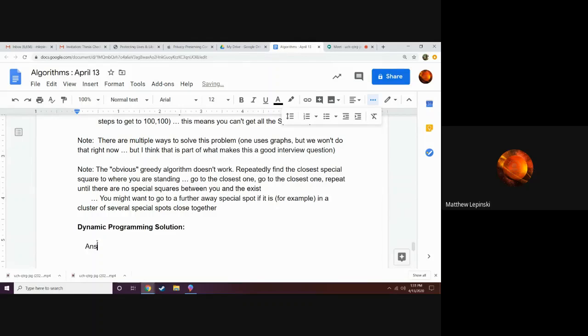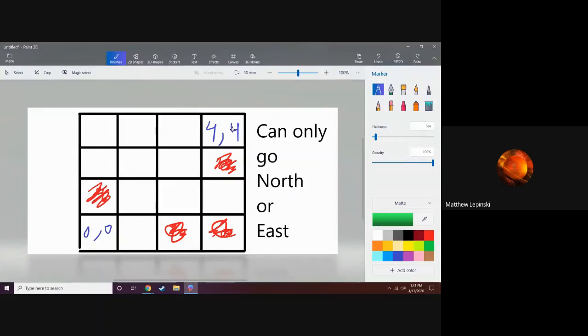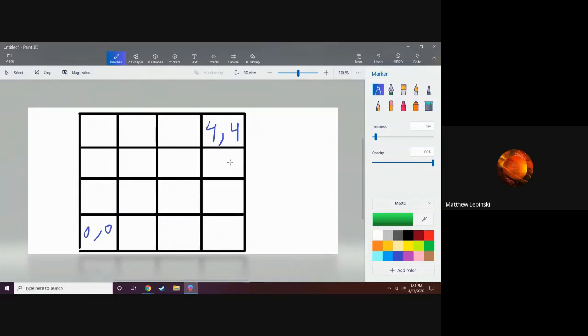To find the answer for 100, 100, when we go to our final spot, we are either coming from here or coming from here.